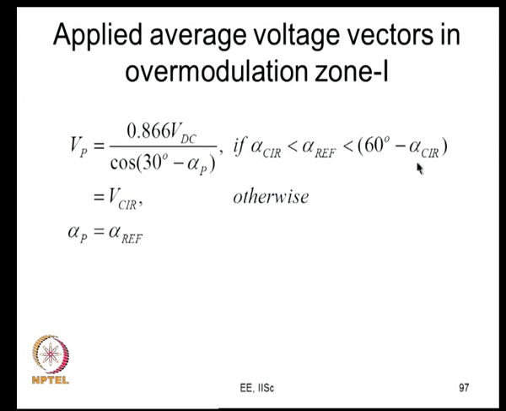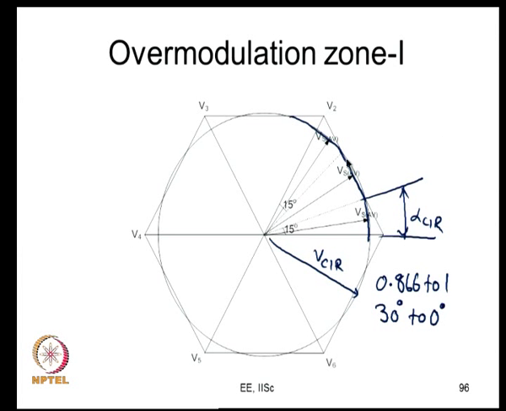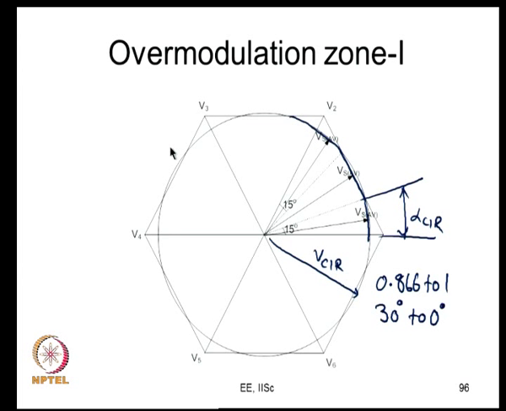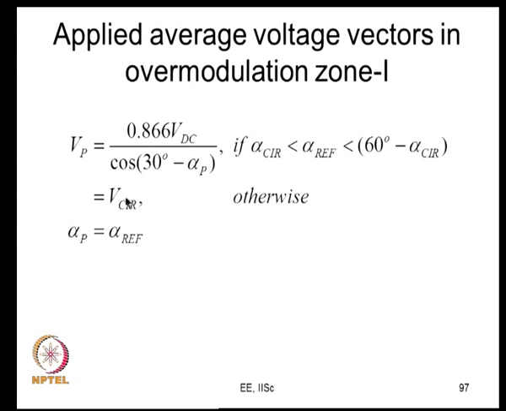When you are in the hexagonal portion like here, the magnitude of the vector is given by 0.866 VDC by cos of (30 degree minus alpha p). Your alpha p is always equal to alpha reference, and this is your Vp, and when you are in the circular portion of the trajectory, your Vp is equal to V circle. So, we call this the overmodulation zone 1 in a standard overmodulation algorithm.